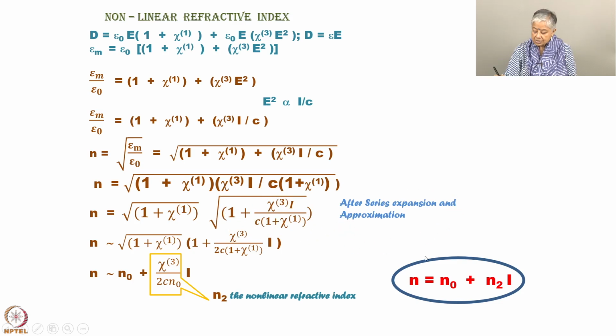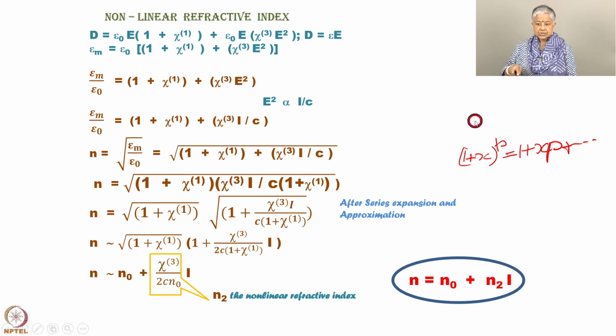Something like 1 plus x raised to p, in this case p is half because it is a root, is equal to 1 plus xp plus so many other terms. It is an expanding series. So, if you substitute this here, you will get a term like this. So, n is almost equal to this.